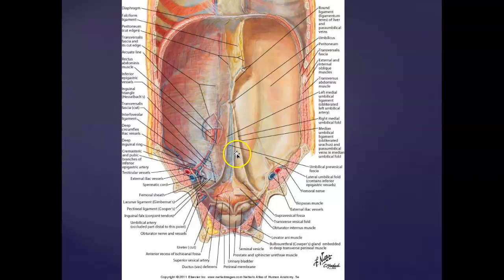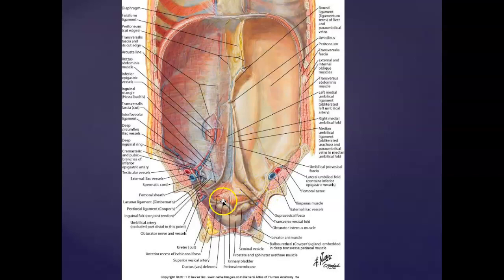On the sides of that here, you can see the medial ligaments. Median means midline, medial means next to midline, or near midline. These are remnants of the umbilical arteries. They come off from the internal iliac arteries. The internal iliac artery also has branches called the superior vesical arteries, which supply part of the bladder.